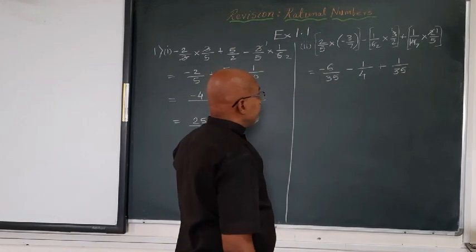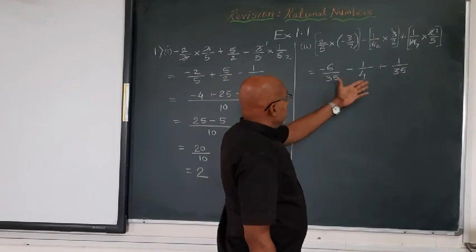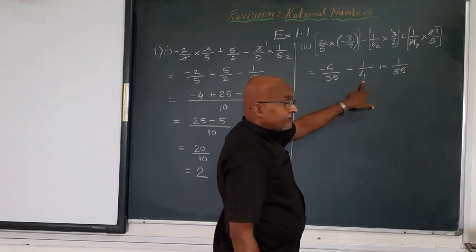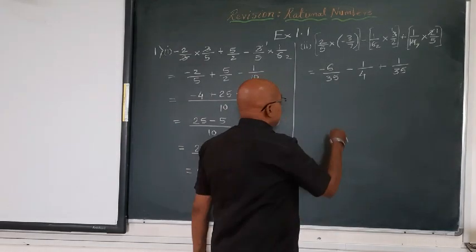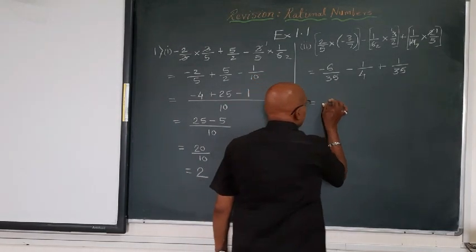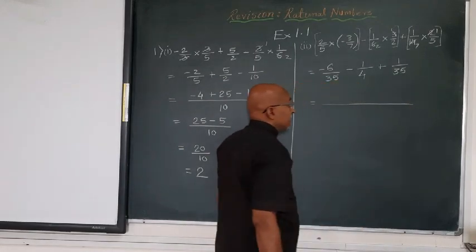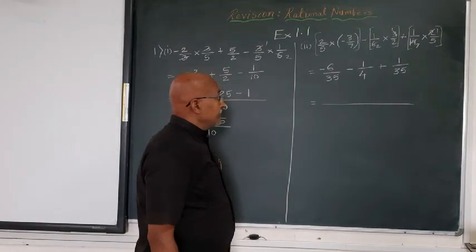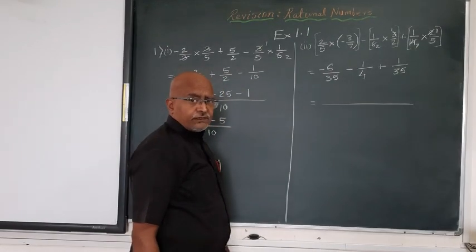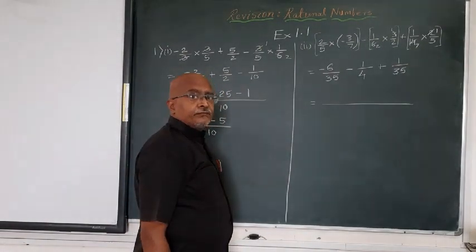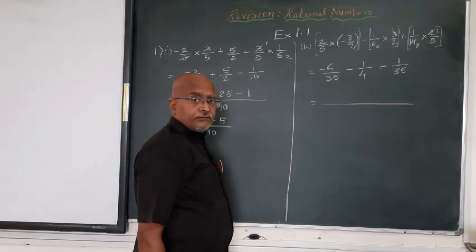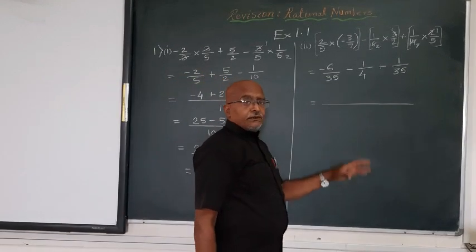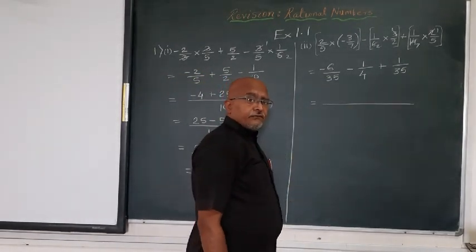Now what we can get here? 35 are there, 4 is here. So we have to take the LCM of the denominators. What does the LCM of 35 and 4 come to? It comes out to be 140. Is it? 140 it will come, because 35 to the 70 is not divisible by 4. Go in the table of 35.